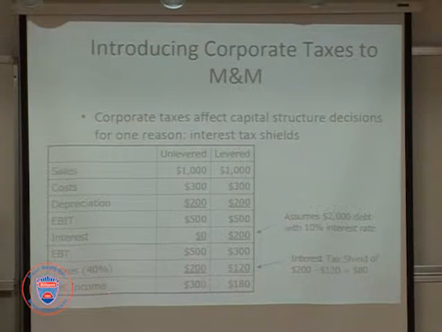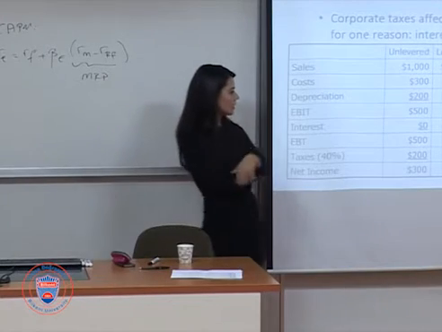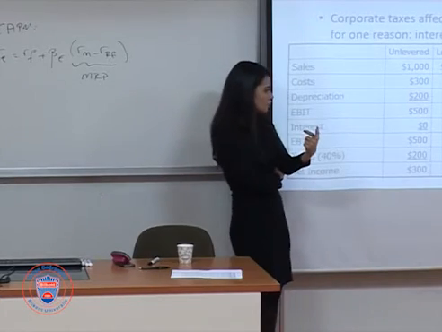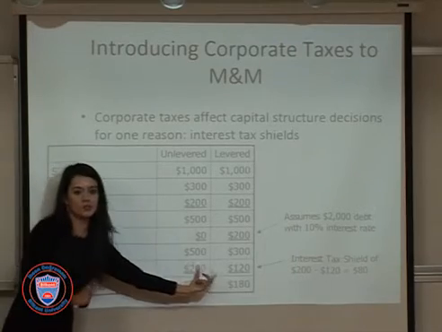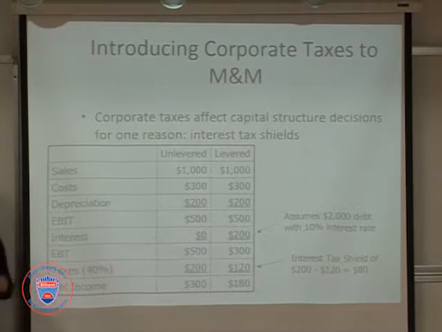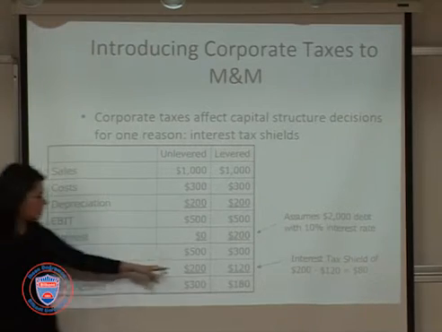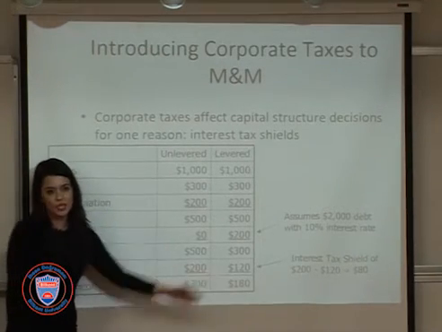So you end up with net income 300 when you don't have any leverage, 180 when you have leverage. Okay, the idea is the same. What is the interest tax shield? The interest tax shield should be the difference between these two cases. How much tax you pay when you have leverage, how much tax you pay when you don't have any leverage. So the difference is what? 200 minus 120, it's 80.